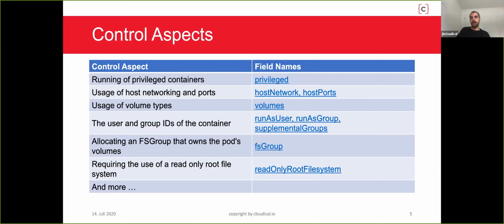The same is true for host network or host ports. It gives the pod the possibility to access the network of the host, including the loopback network, so that it can eavesdrop on the network communication of the different pods that might run on your machine, communication it's probably not allowed to see.